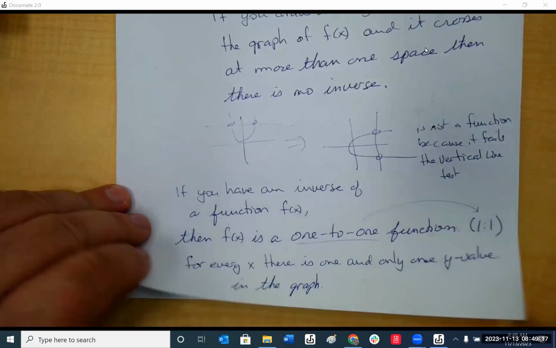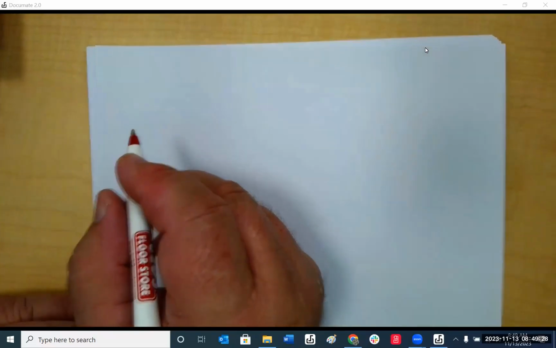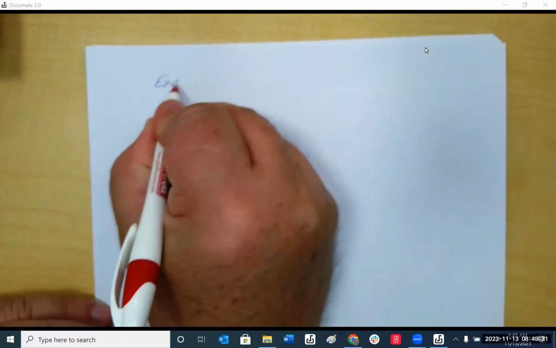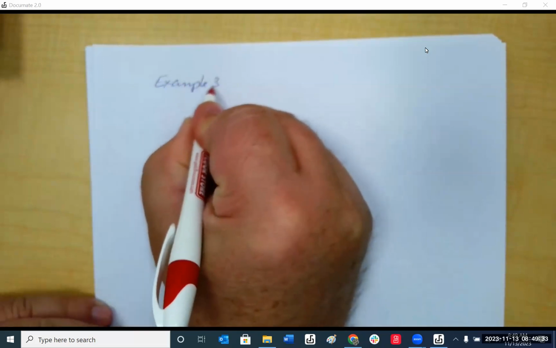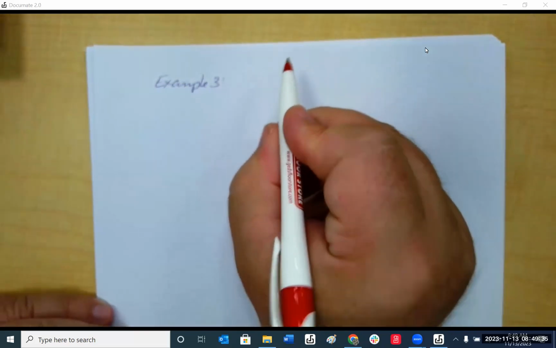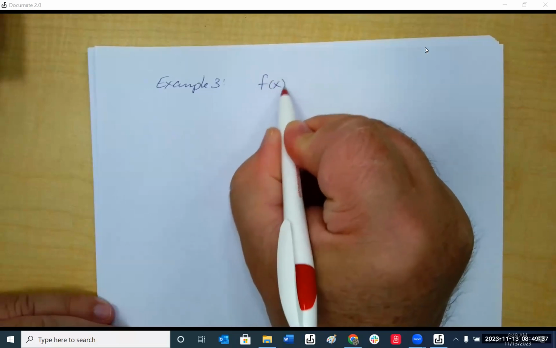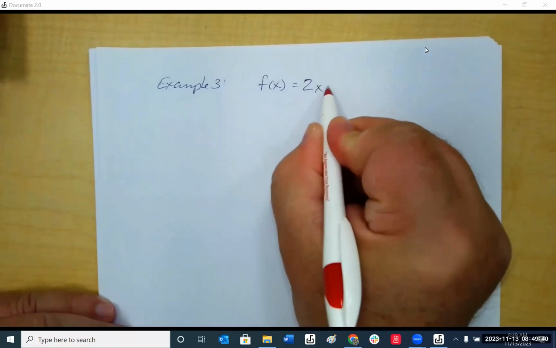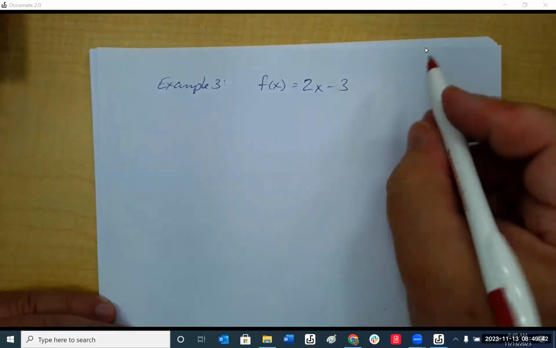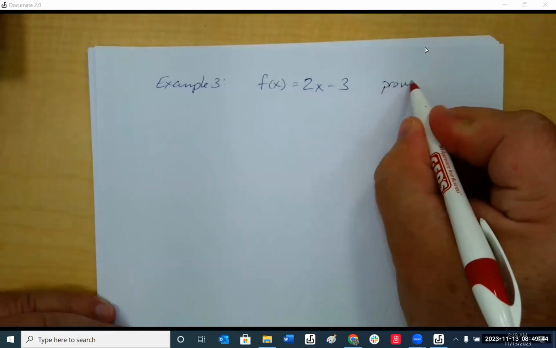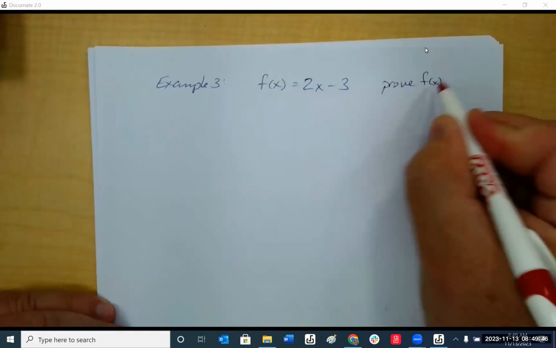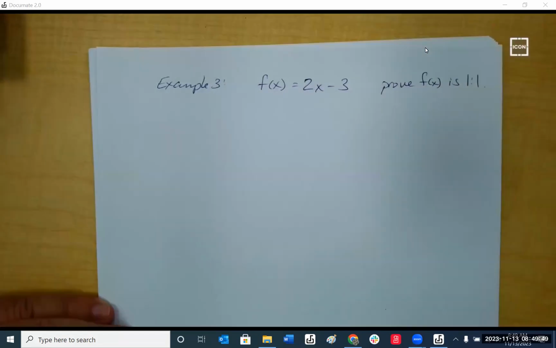So let's see an example here. Example 3. Given a function f of x equals 2x minus 3, prove f of x is 1-to-1.